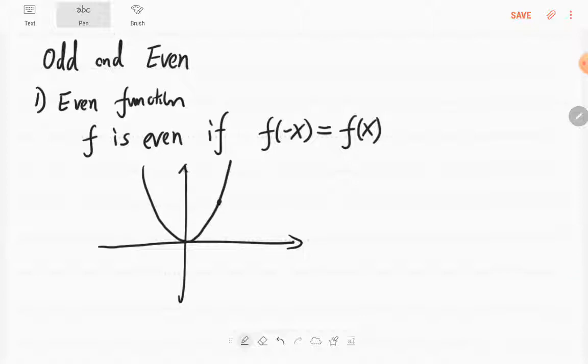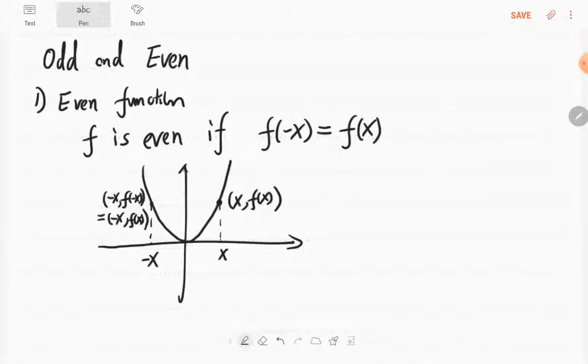So here is x, f of x. And here is negative x, f of negative x, which is equal to f of x.